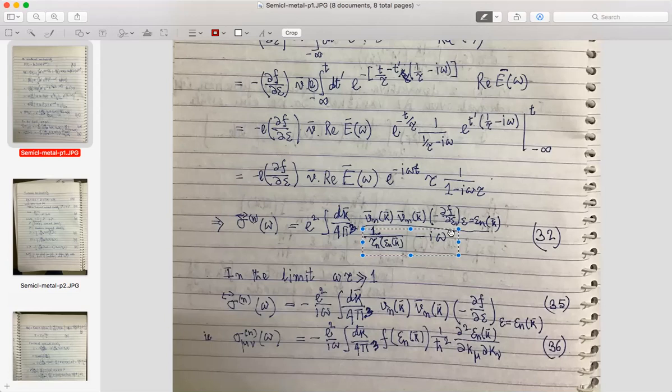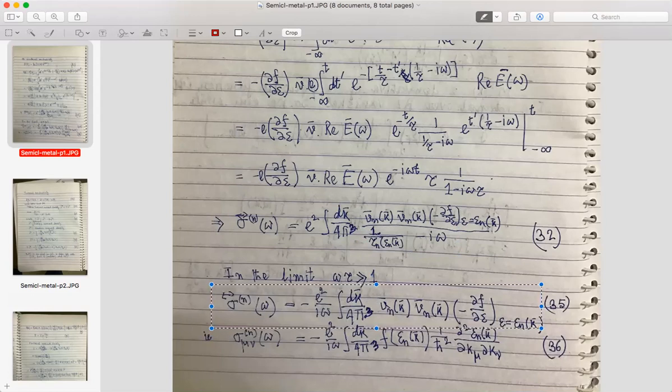But on the other hand, it's interesting to think that a simple, naive approach like the Drude model did get a similar expression, at least the omega dependence. The other thing you get from here is that to the leading order, there'll be a peak in the AC conductivity as omega goes to 0.